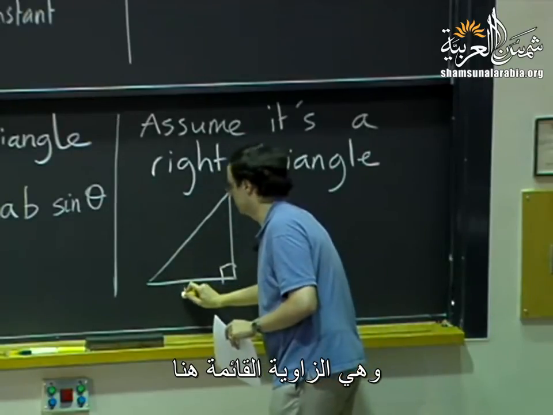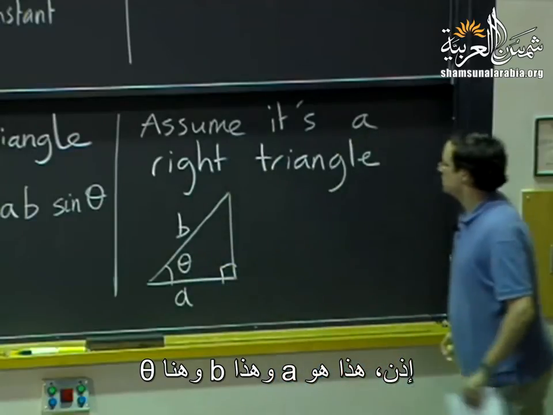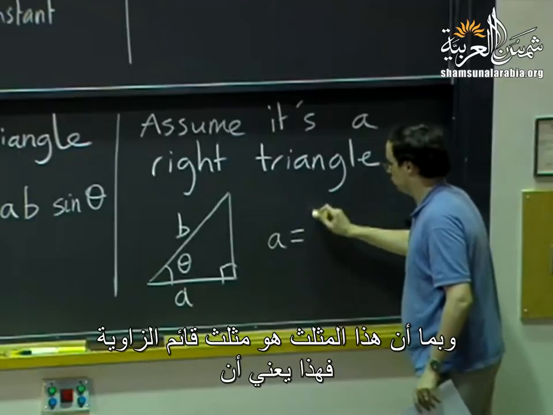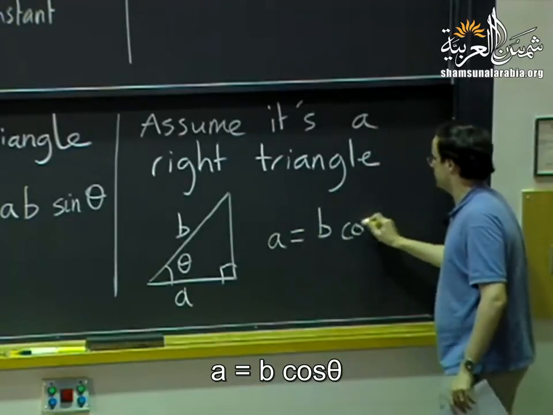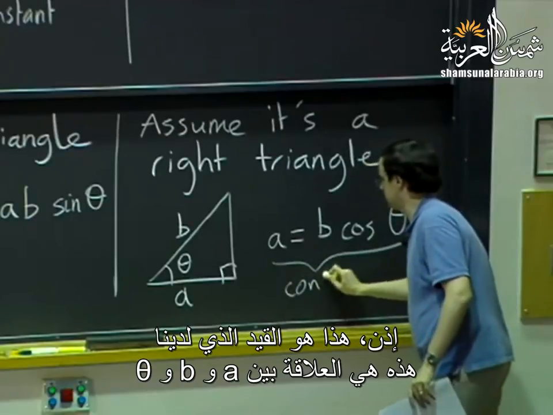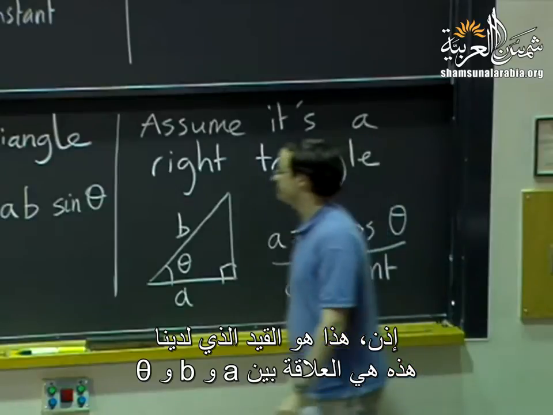A is here, B is here, theta is here. Saying that it's a right triangle is the same thing as saying that A equals B cosine theta. So that's our constraint, the relation between A, B, and theta.